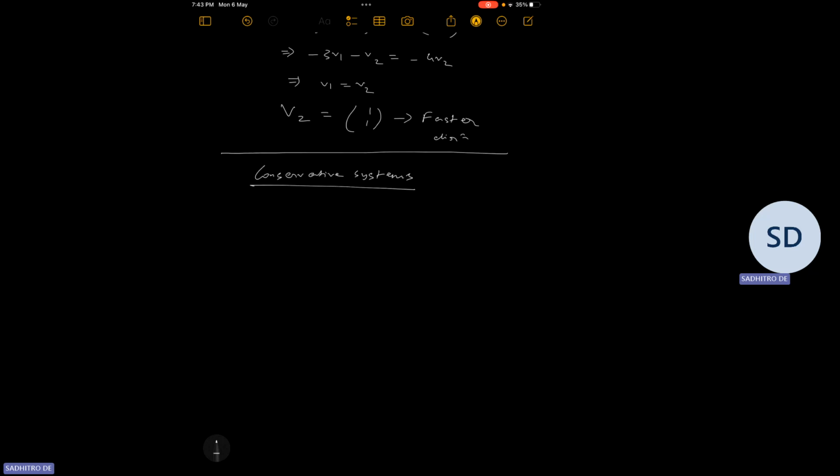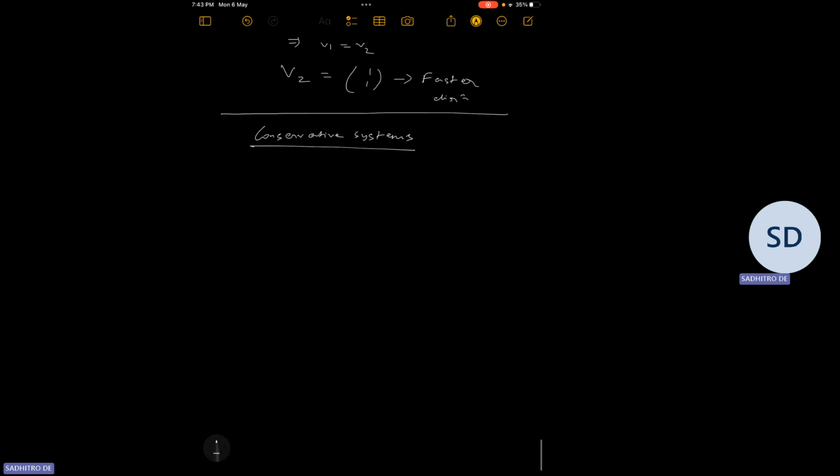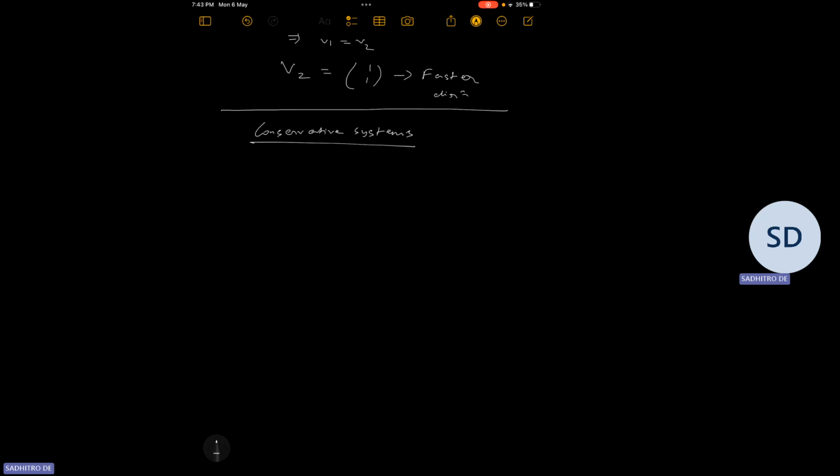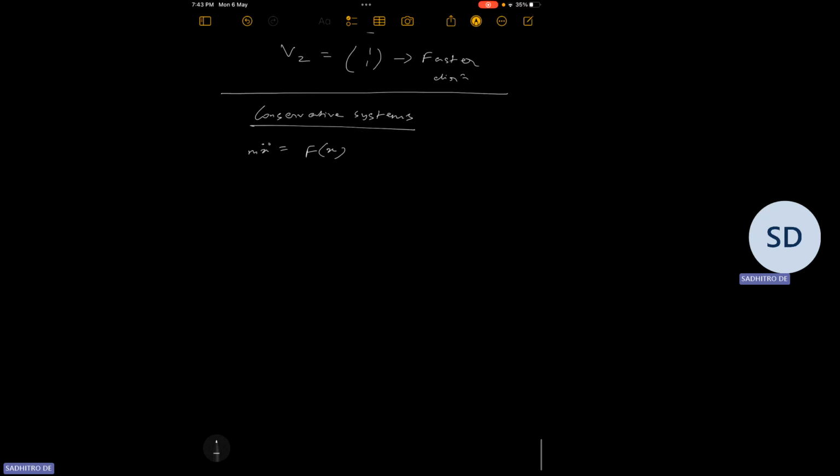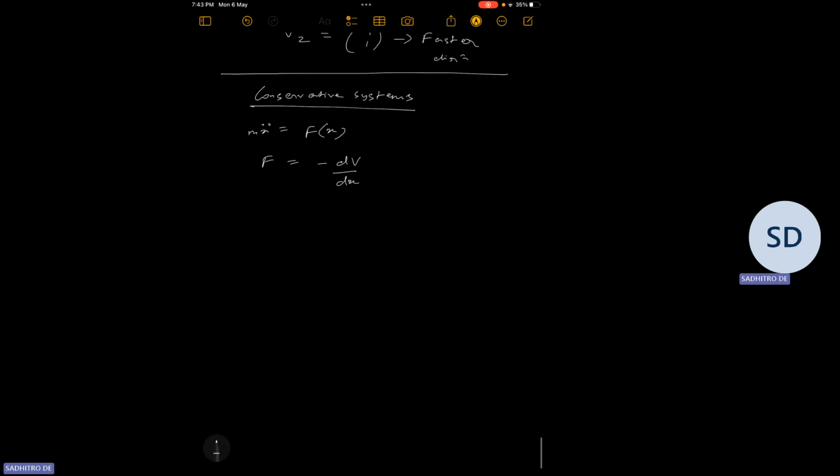Now, how do we derive the equations for a conservative system? We know that the equation of a mass moving in one dimension is given by m x double dot equal to f of x, and the force can be written as a gradient of a potential, right? So we consider only one dimensional systems here for the time being. Therefore, the force can be written in this manner.